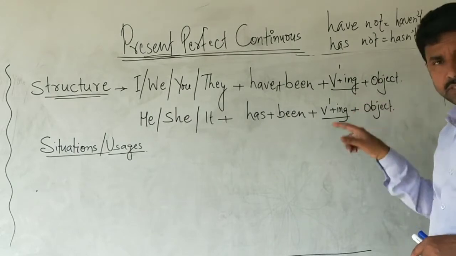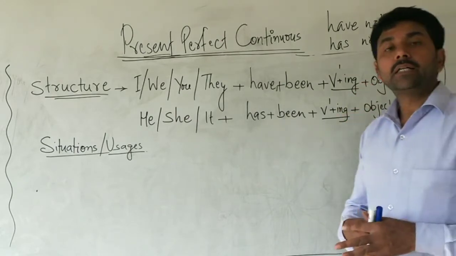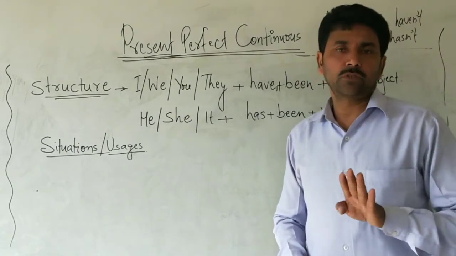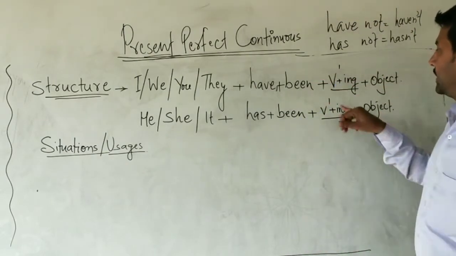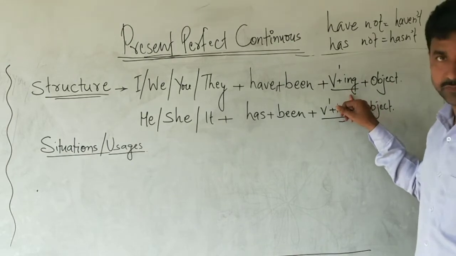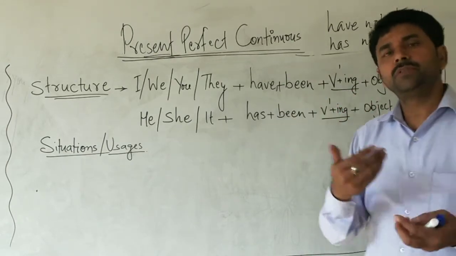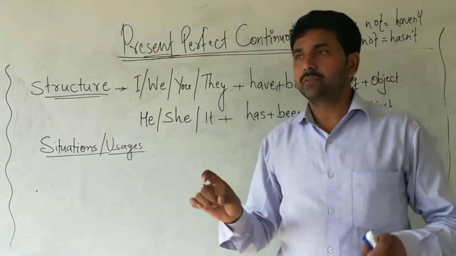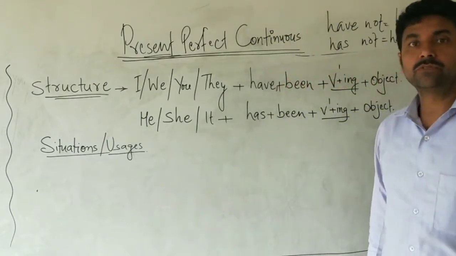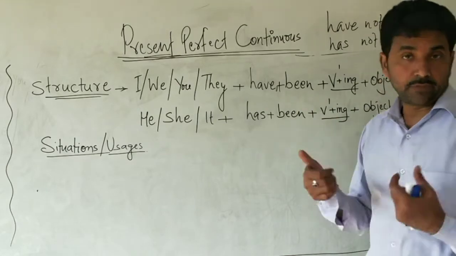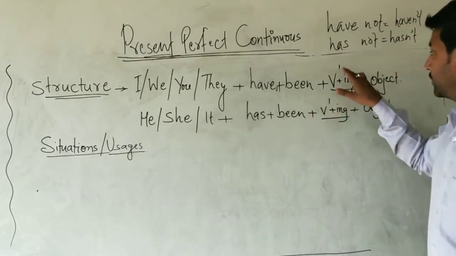This is continuous tense, continuous form. It is also sometimes called verb 4. But till now I am telling verb 1 plus ing. Later on, when you are familiar with the verb forms after I teach them in the consequent videos, then you will be able to understand what is verb 4.